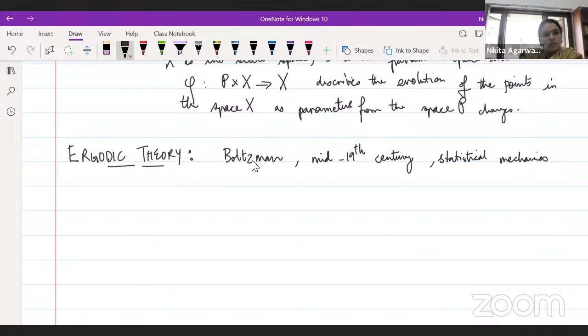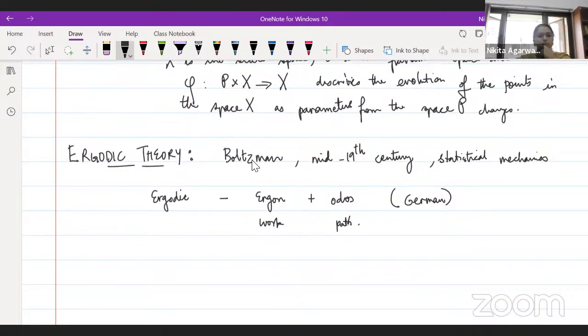And this term ergodic comes from two words, ergon and odos, so Greek words, where ergon means work and odos means path. Okay.